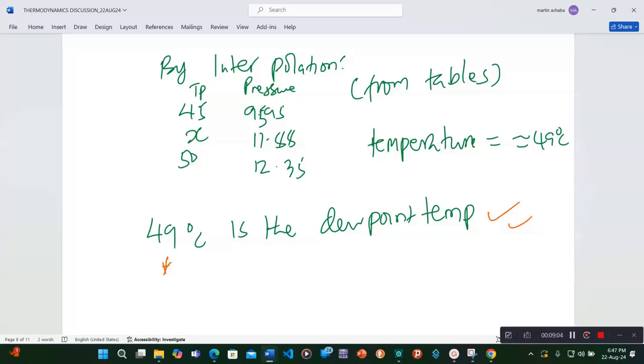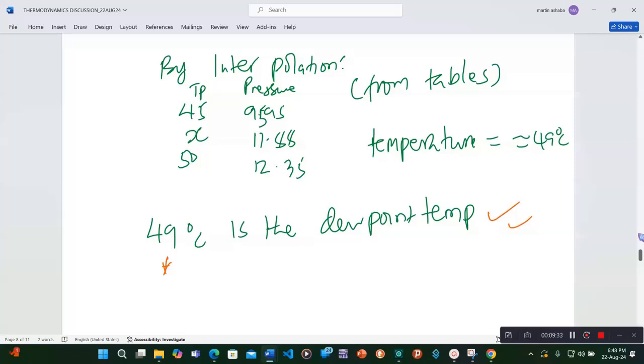Also, sometimes the fuel contains sulfur. Sulfur in the fuel, when burnt, produces sulfur dioxide, and that sulfur dioxide, when it mixes with water, also produces sulfuric acid, which is also corrosive, and it is not desirable because it will affect the components of the system, thereby hindering the general efficiency and the performance of the system.